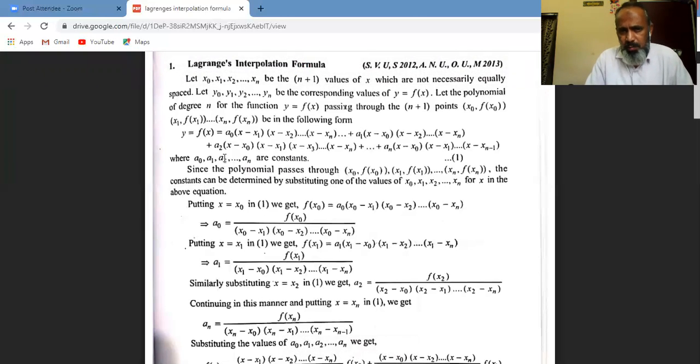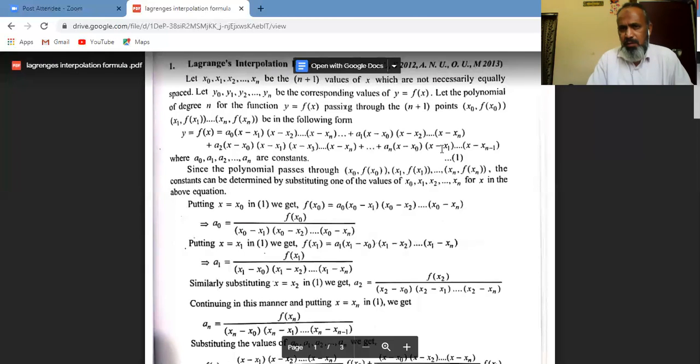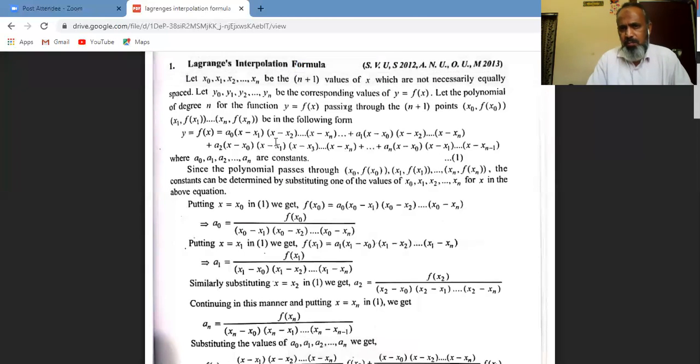So, to determine a0, a1, a2, these constants, we are substituting x equal to x naught in the first equation, that is the polynomial we have assumed. If we substitute x equal to x naught in this polynomial 1, what we get is f of x naught.